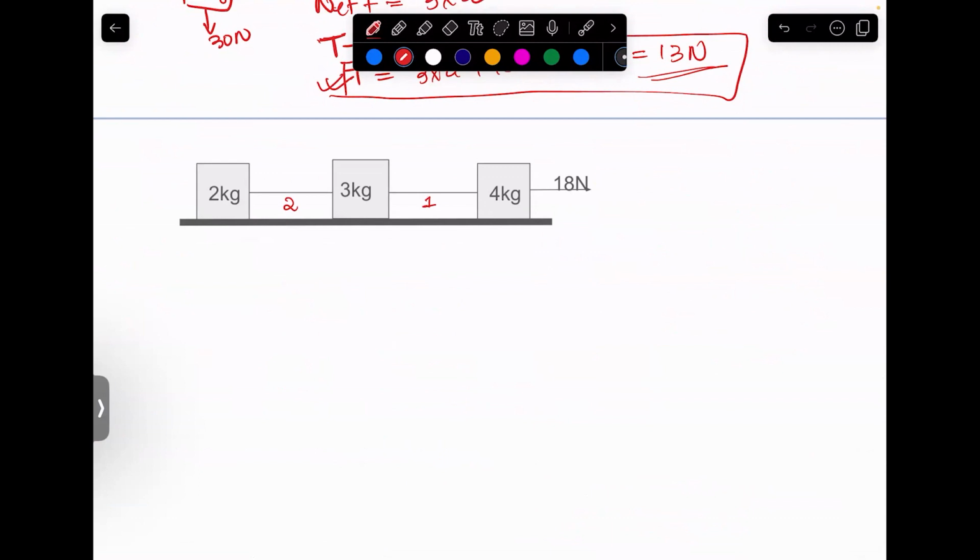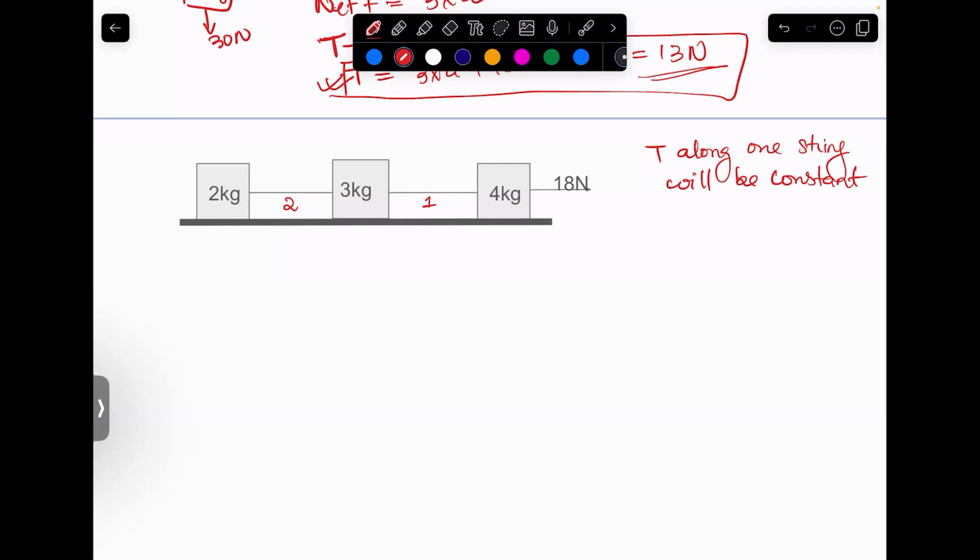If you consider these 2 strings, we have only talked about what? The tension along one string, T along one string, will be constant, right? So if you consider 2 different strings, tension in both the strings will be different.